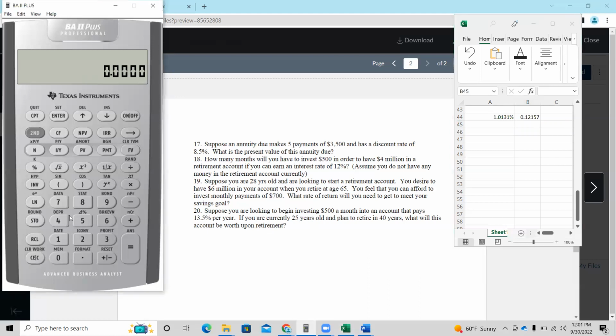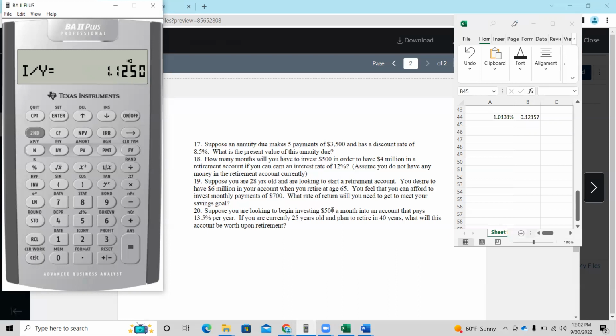I'll do that on the financial calculator here. So $500 negative outflow under payment. Present value is 0. I'm solving for future value. My interest rate is going to be 13.5%. Divide that by 12. And I get 1.125% per month. I enter that into I/Y.